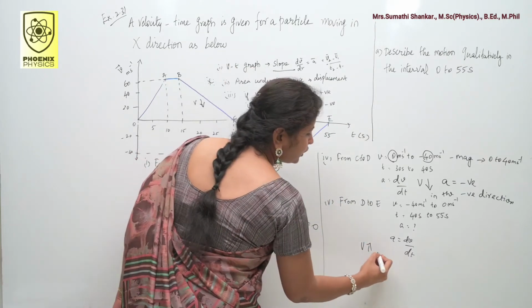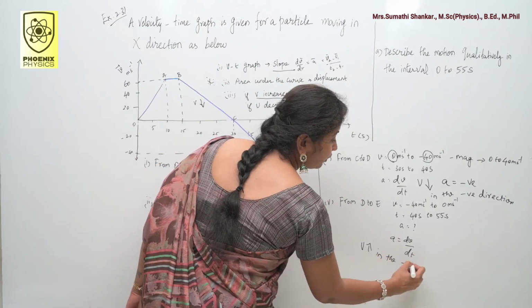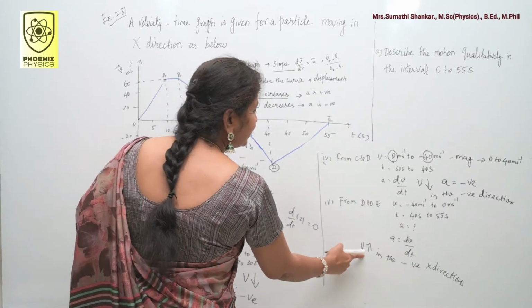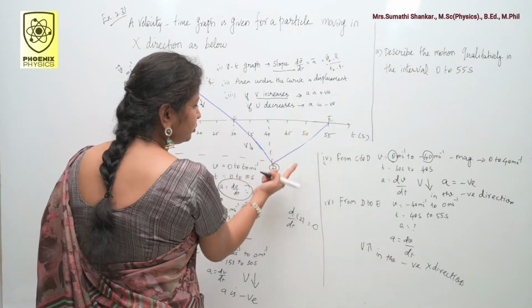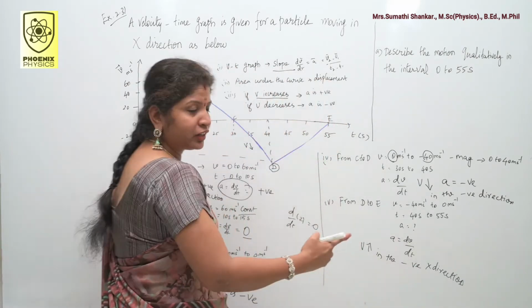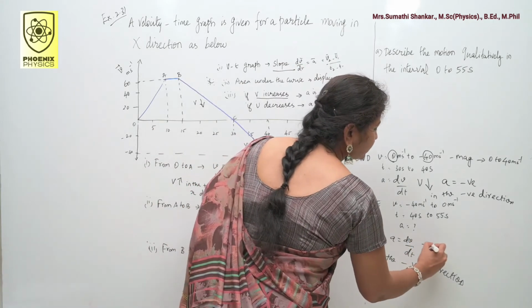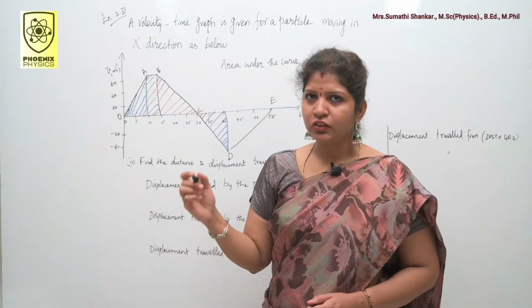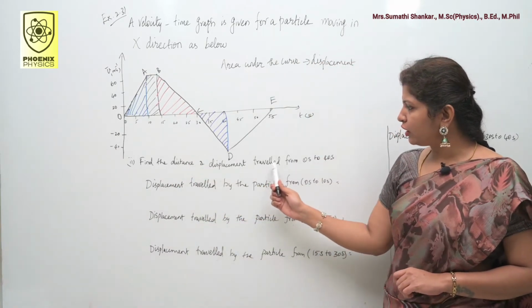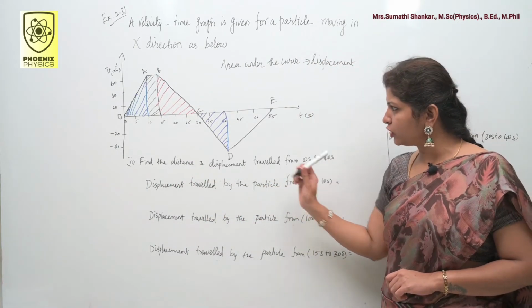V is increasing in the negative x direction. So you know that V increasing means A is positive, but here V increasing in the negative x direction, so A is positive.